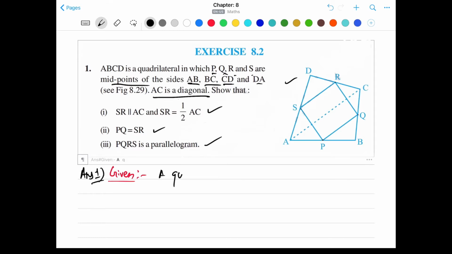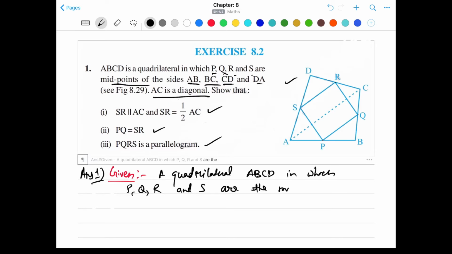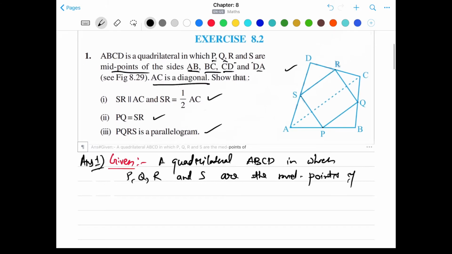Given is a quadrilateral ABCD in which P, Q, R and S are the midpoints of the sides AB, BC, CD, and DA respectively.